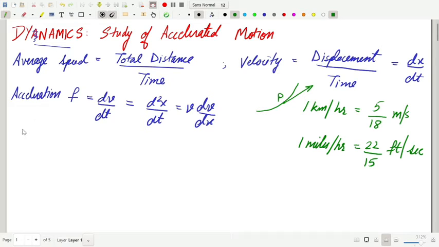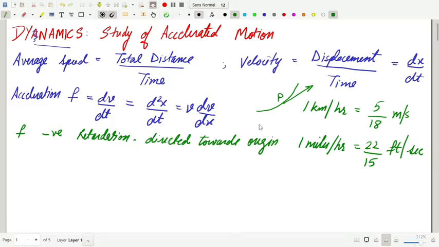Now, in case of acceleration, when acceleration is negative, we say it is retardation, and we say that it is directed towards the origin. And when f is positive, then it is directed away from the origin.